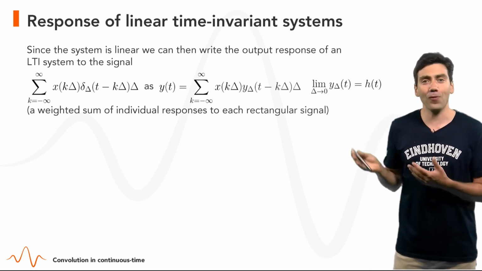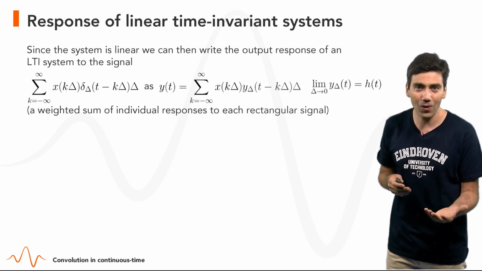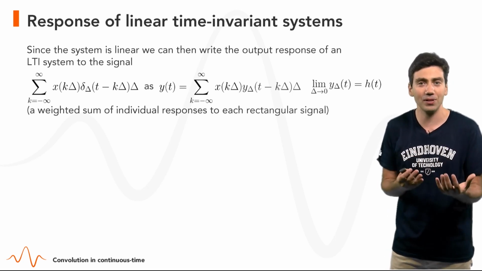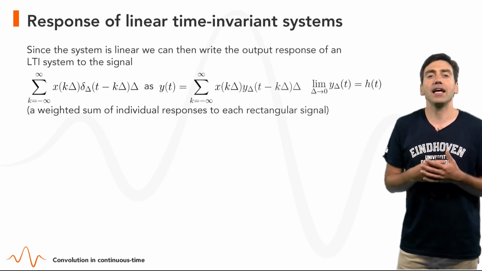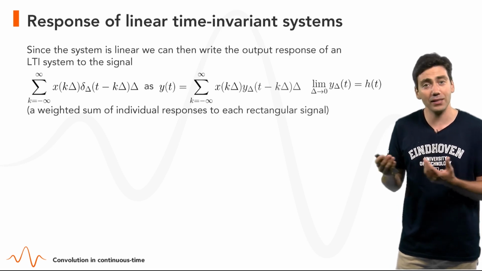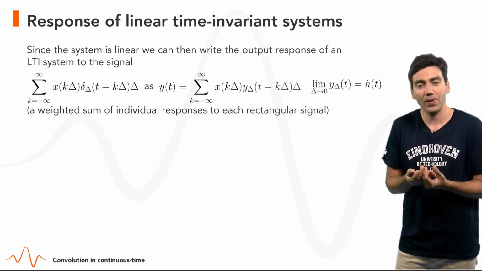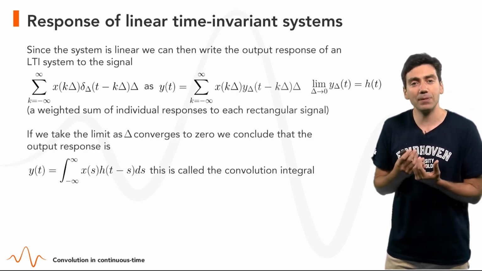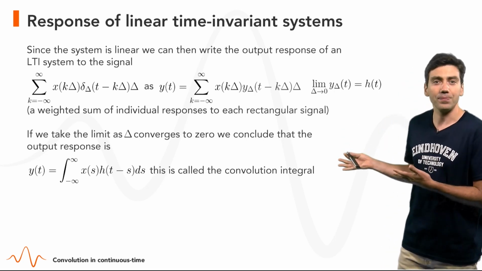Now, you can notice in this formula that this looks like a trapezoidal approximation of an integral, a Riemann approximation of an integral. In fact, we have here a summation of values of the function spaced by Delta, and they are multiplied by Delta. If we take the limit as this parameter capital Delta goes to 0, we get this integral here.